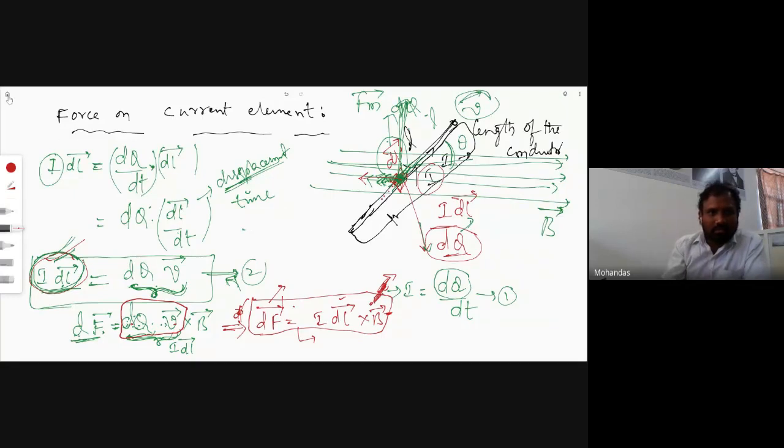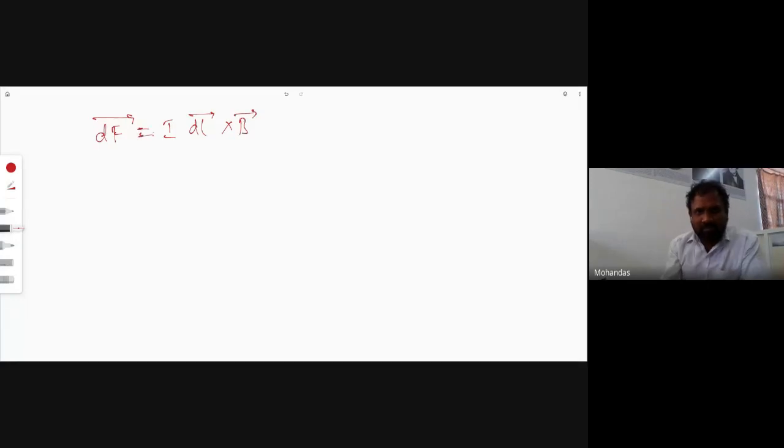So let us take this screenshot. What I have got here: the differential force due to a differential current element is this equation. Suppose you take a conductor like this, and current I is flowing in this direction.